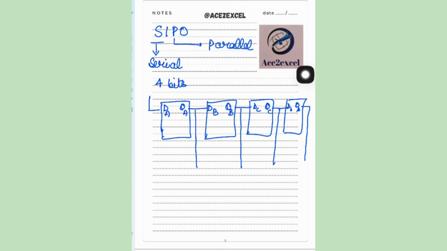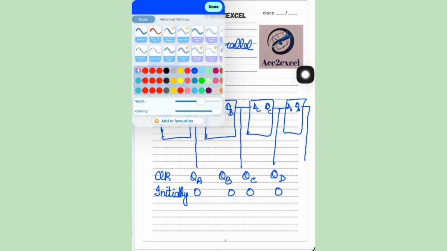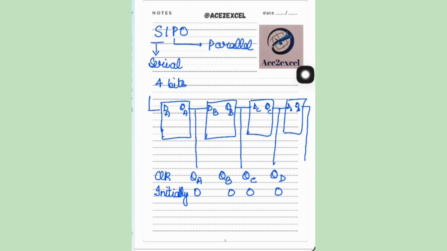Now let us say at the initial point, that is initially, before any data comes, all flip-flops are in clear position, that is every value is 0. And let us for example take the data as 1111.